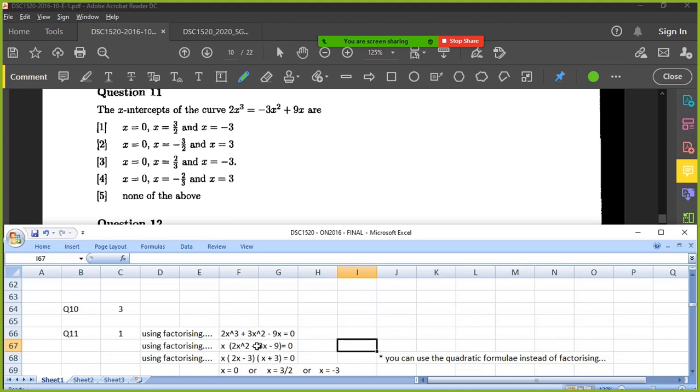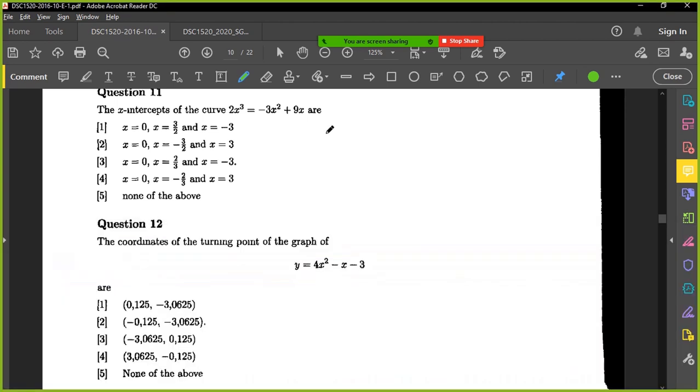I need a plus 3 in the middle, so I need a plus 9. So it should have been, hold on, let me do this quickly here, otherwise it's getting confusing. Okay, so what's common here? An x.